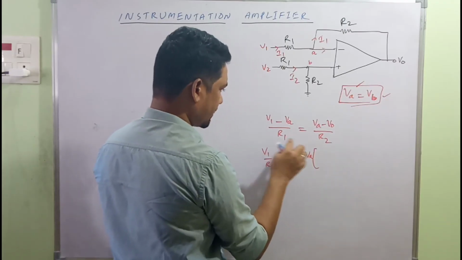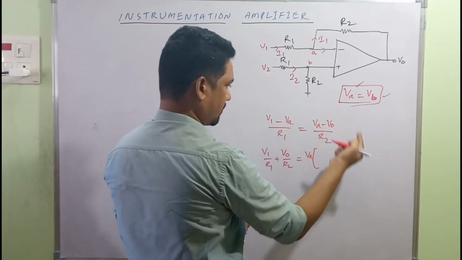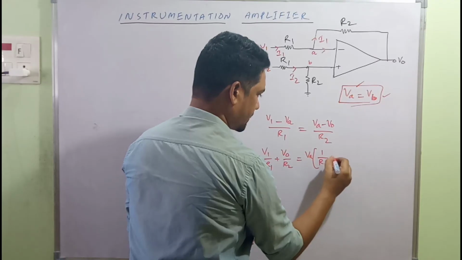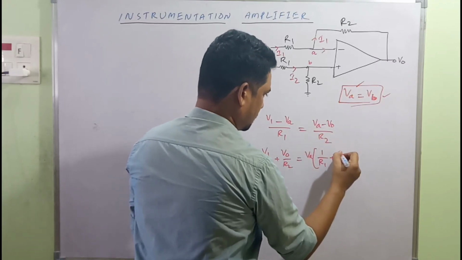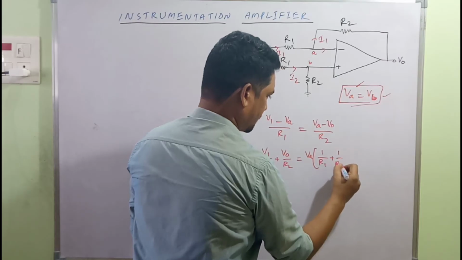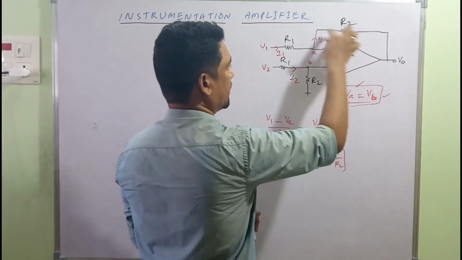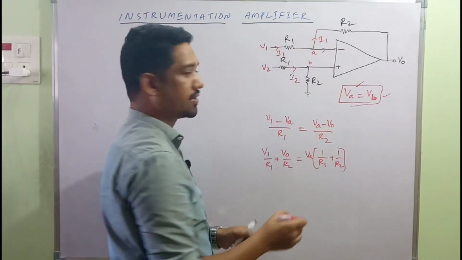VA common from both these terms. It will be 1 upon R1 plus 1 upon R2, right? From this one, the feedback, and from the input given to the inverting terminal.